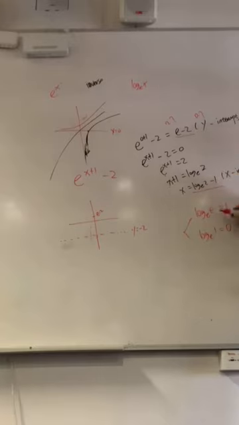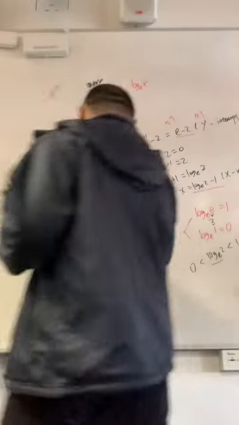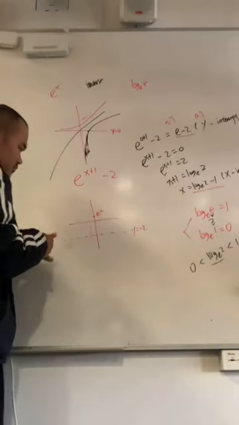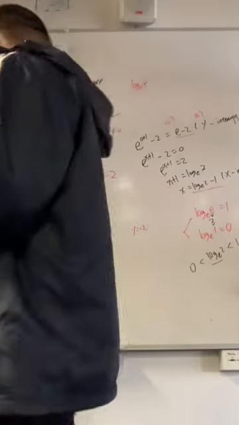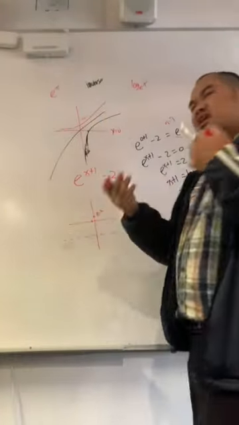Then 2 is less than e but bigger than 1, which means log e of 2 is bigger than 0 but less than 1. So this guy is roughly 0 point something. 0 point something minus 1 would be negative 0 point something. It would be roughly here. So it's between 0 and negative 1. Yeah, it would be roughly here, negative 0 point something.